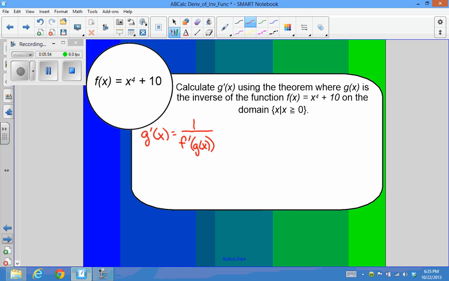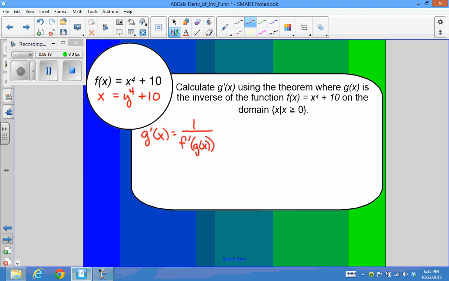That means for this one right here, I need to know what g of x is. So if I go back in and look at this function, then trading my x and y, I have x equals y to the fourth plus 10.